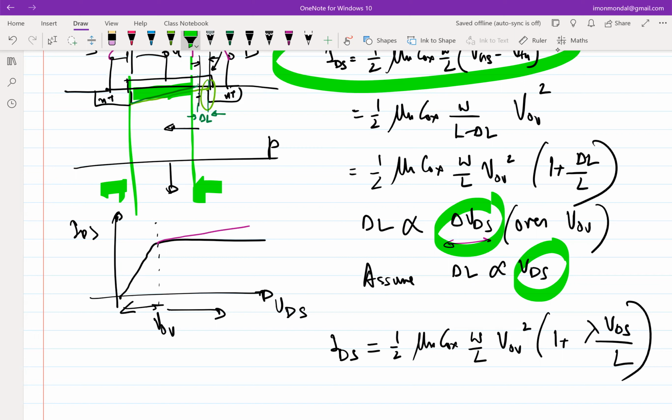But this error is not significant because this happens fairly early in this IDVDS plot, right? If you are somewhere over here, then it really doesn't matter too much if you are neglecting this extra. And you will see shortly, in a couple of minutes, why that is mathematically convenient. Yes.